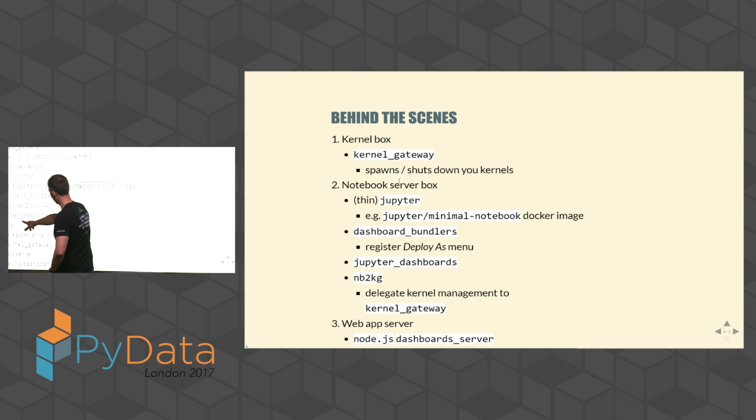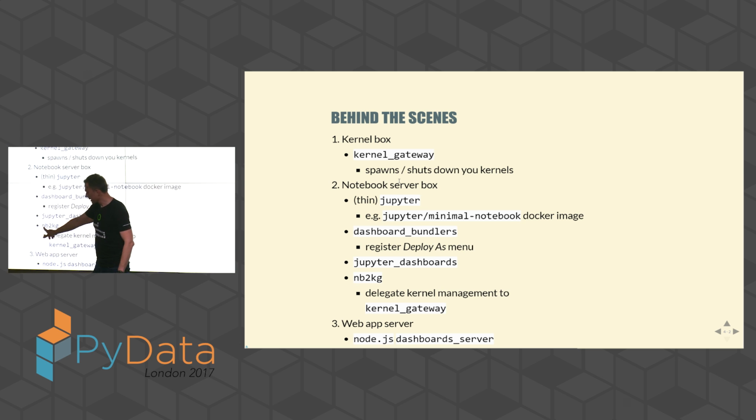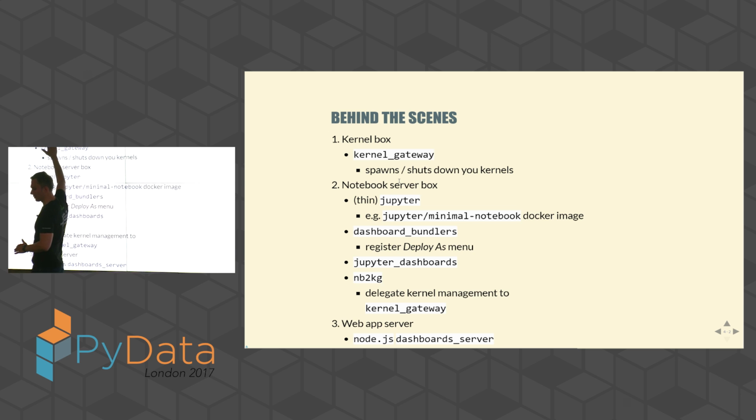This. I don't want to call it a gateway because it's actually the notebook to kernel gateway, but all it does is channel your kernel requests to the same box that is capable, so this should be as multi-core a box as possible.